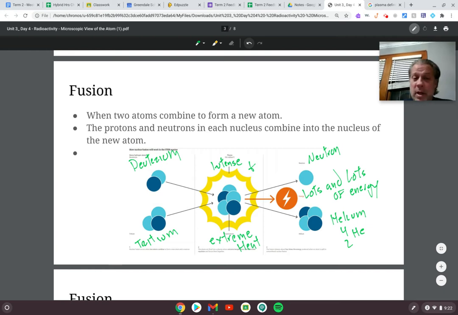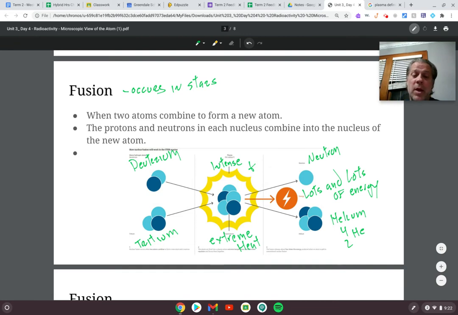Now, a couple of things that we need to make note of here. First of all, fusion tends to occur in stars. So in the universe, fusion occurs in stars. At the beginning of the universe, we had a lot of hydrogen and a little bit of helium, and we started making more and more helium through the process of fusion. Then some of the hydrogen would combine with the new helium, and we'd start creating slightly bigger atoms.